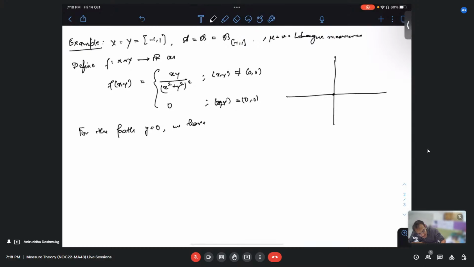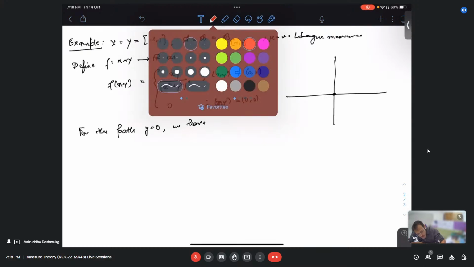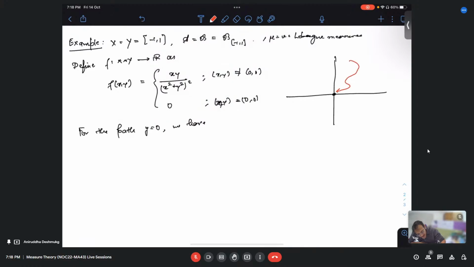If I want to check the continuity at this point, then along every path that reaches this point, I want to take the limit. So one of the paths is x equal to 0, another path is y equal to 0. Something like this path could also be possible, or perhaps even a spiral path is possible. So along every path, we require that the limit must be the same and it should be the value of the function at that point.